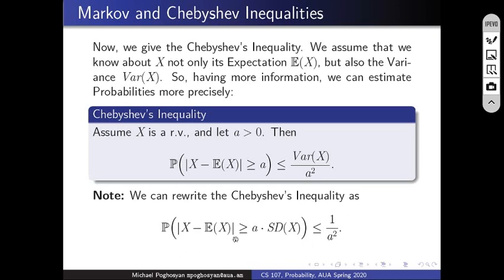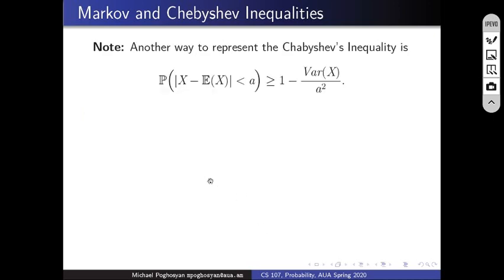So this is another version of our Chebyshev inequality. And sometimes people write the Chebyshev inequality with this smaller sign, passing to complements. So the probability that the absolute deviation is less than a is larger or equal than 1 minus the variance of x over a squared.